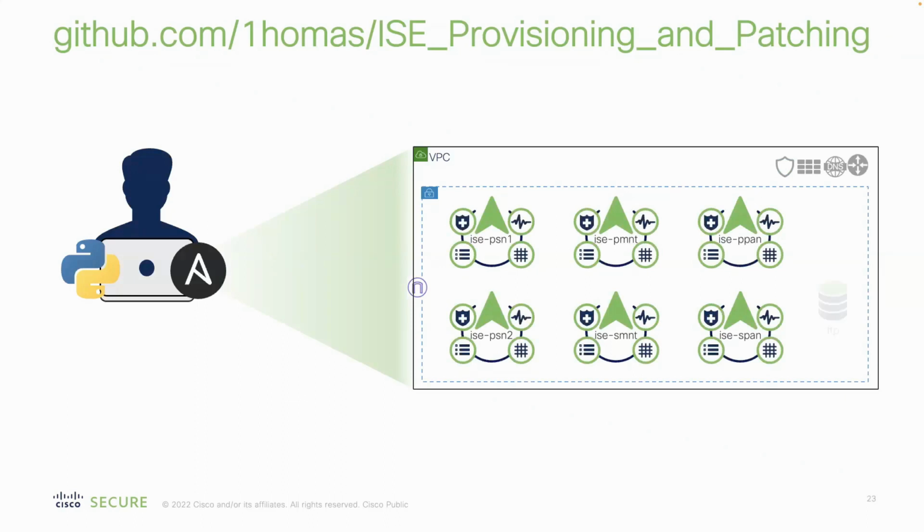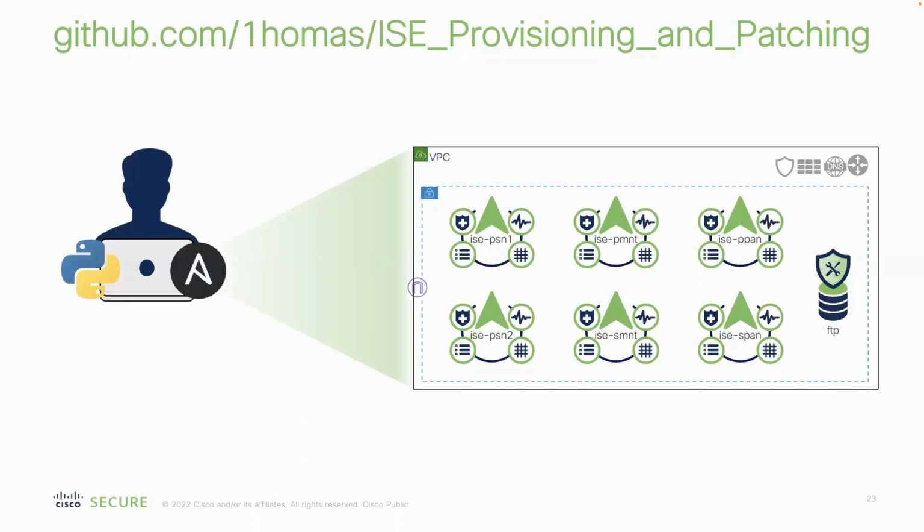And because I'm going to be launching ISE 3.1 patch 1 in AWS, and the current patch available to you is ISE 3.1 patch 4, the first thing I want to do once I get these things instantiated is go ahead and patch those nodes to the latest patch, right?